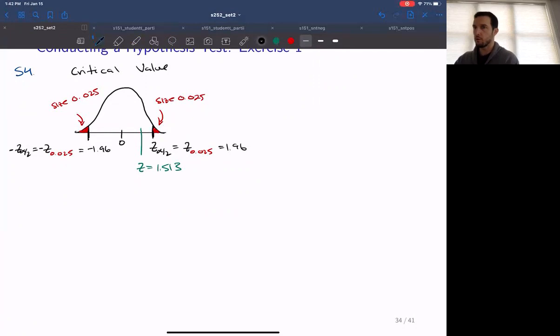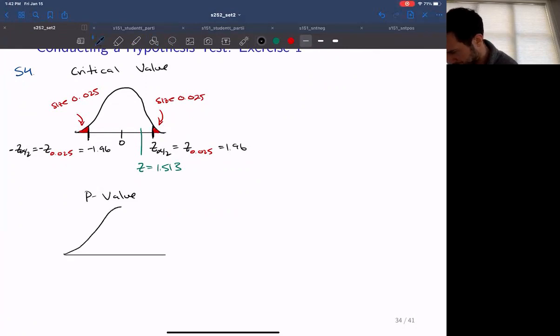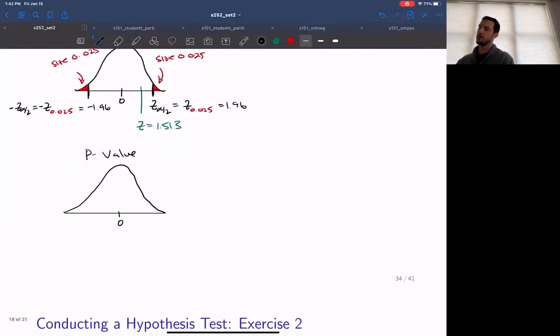If we take the p-value approach, we're going to mark down our test statistic in the upper tail, and we're going to mark down the negative of that value in the lower tail.